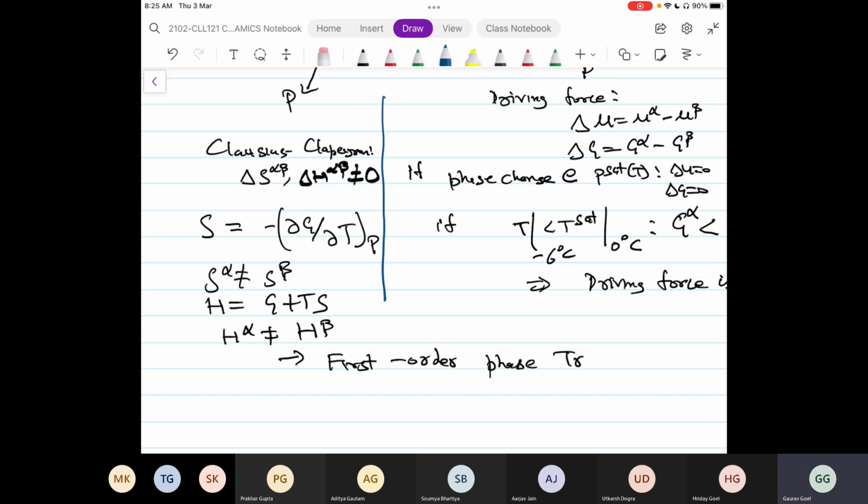The reason we are calling them first order phase transitions is because the first derivative of your order parameter is discontinuous at the phase transition point. And it is not violating any constraint. It is not violating thermodynamics. Thermodynamics only required Gibbs energy must be equal. Gibbs energy was equal, but the slope was not the same. Any queries?